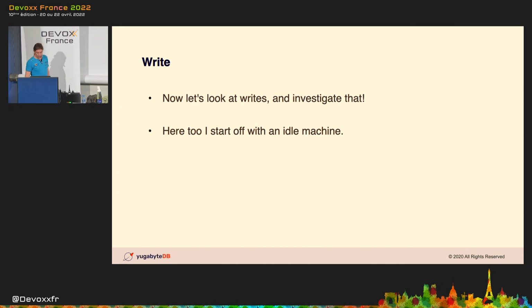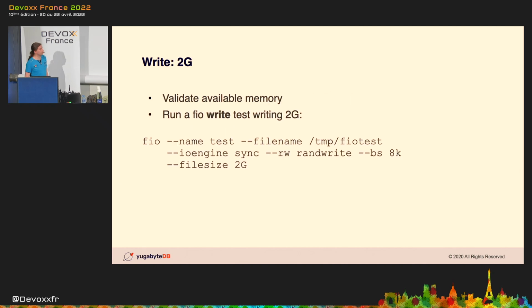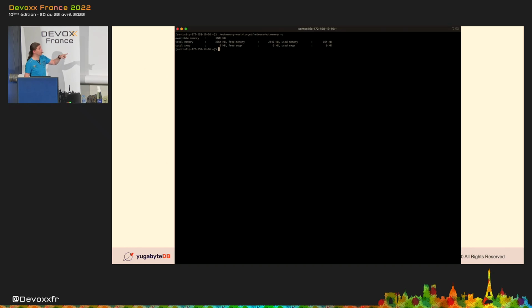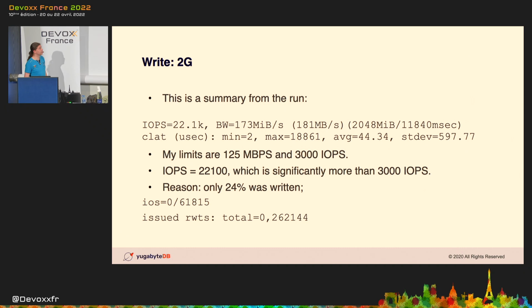Now, writes. I have to speed up a bit here, but writes are special. Let's look at this run first: a 2 gig run on a server with no memory taken. So I'm doing the same thing. We'll see the same figures. And with a 2 gig write, I'm not getting the same figures as a 2 gig read.